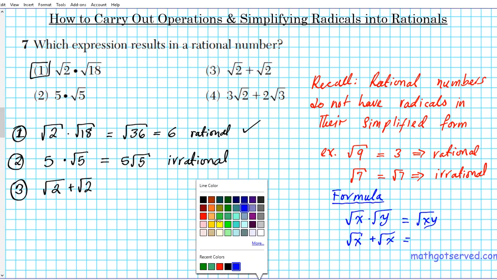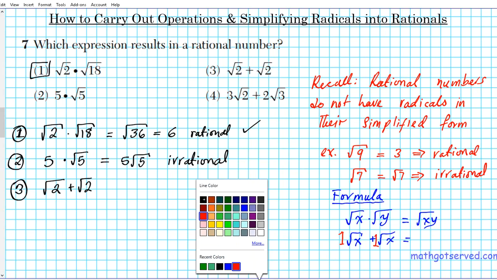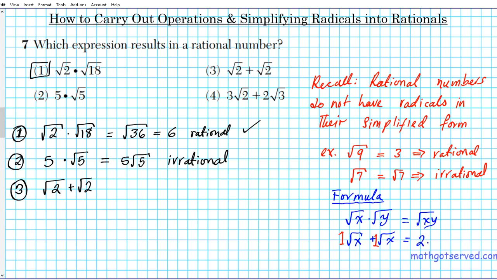There's an invisible 1 here in front, that's a coefficient if it's not specified. Because it's the multiplicative identity, that's why it's invisible there. All right, when you add these two together, guess what it becomes? This becomes 2 root x. Okay, so do not add the radicands when you're adding radicals. You add the coefficients.